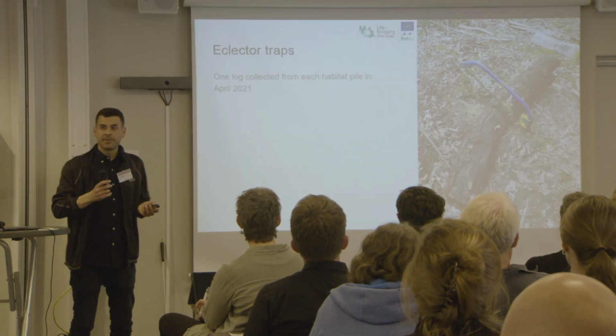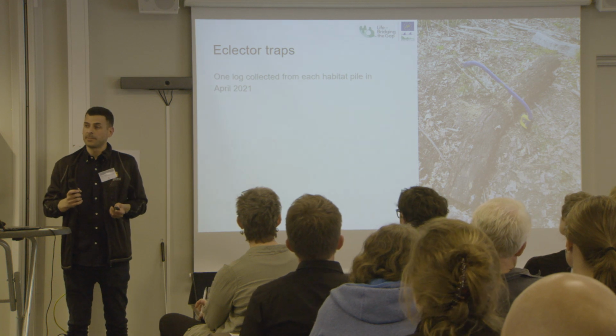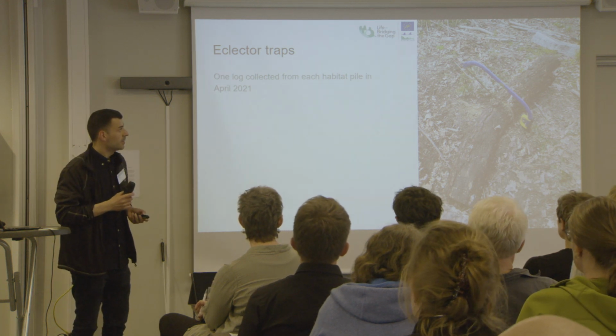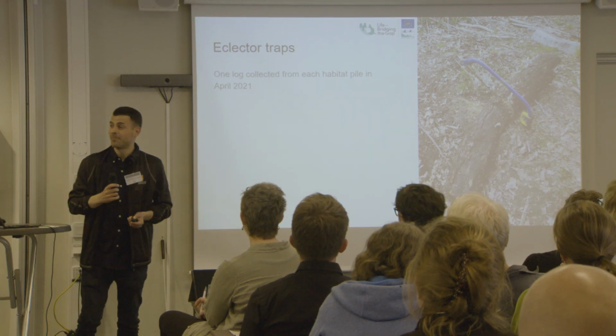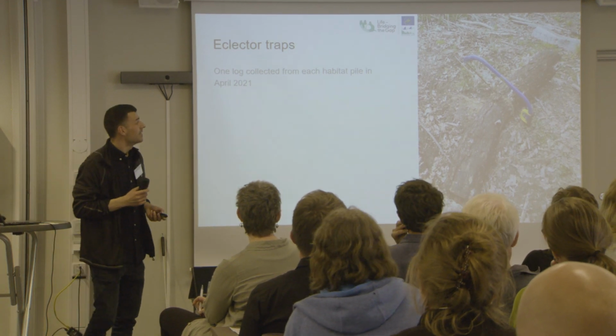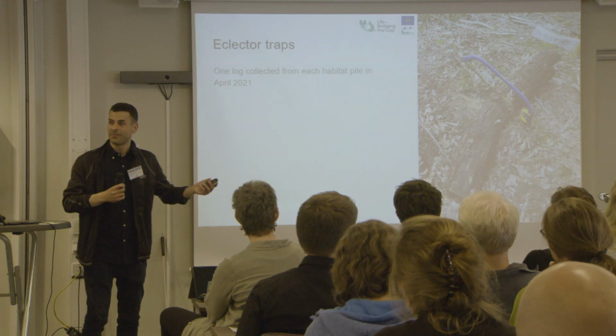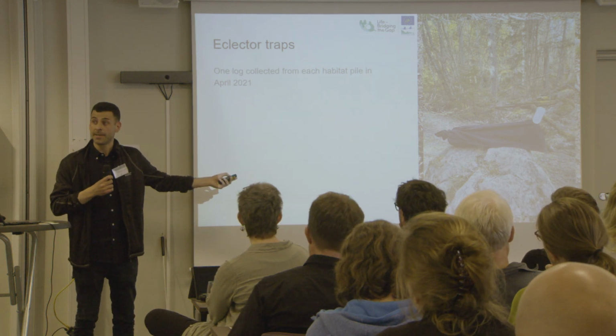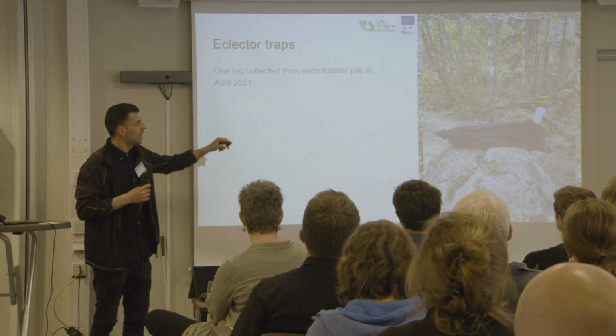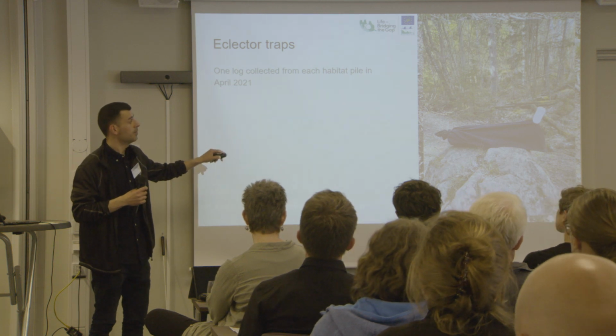We used three different sampling methods, and the first one is eclectotraps. Now, I learned during this survey that cutting through an oak log takes a lot of time and is quite tough. It's almost like cutting through rock. But usually I didn't have to cut through one of the logs. They were of appropriate size to fit into one of these black cloth bags, which had an attached bottle that later contained preservation fluid.